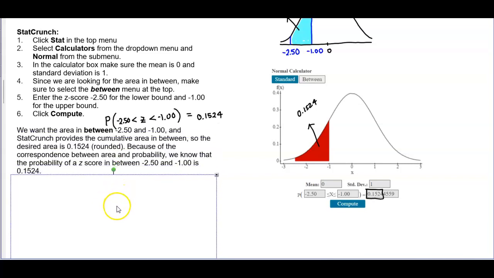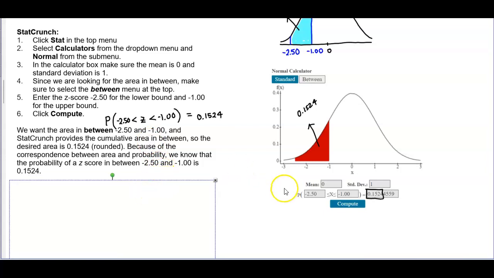Again, wanting the area between -2.50 and -1.00, StatCrunch provides the cumulative area that's in between. So we got the desired area to be 0.1524 rounded. Now, because of the correspondence between the area and the probability, we know that the probability of a z-score in between -2.50 and -1.00 is 0.1524.